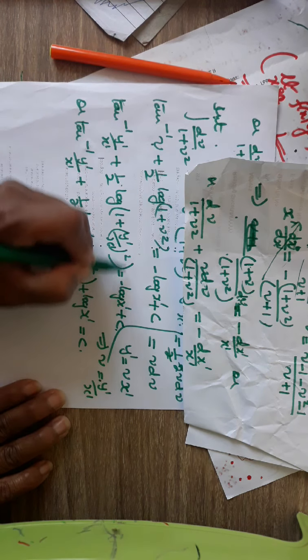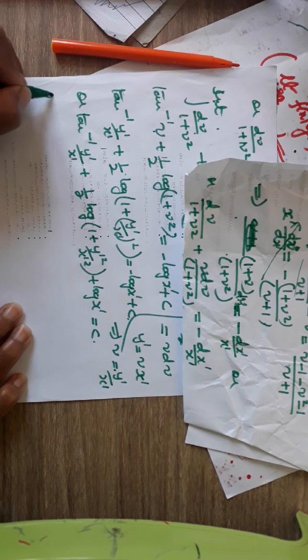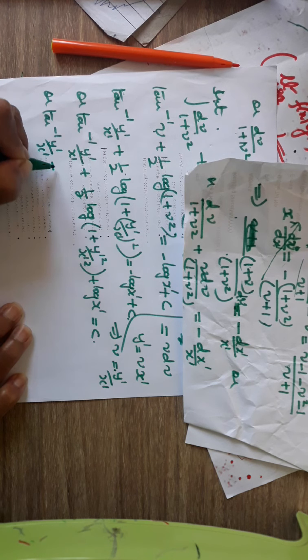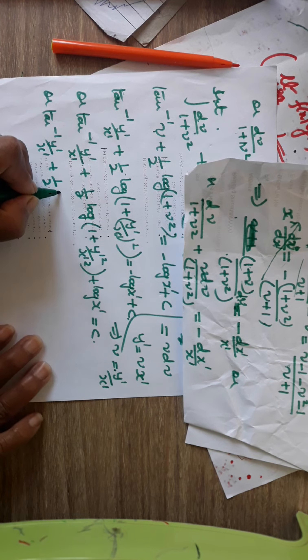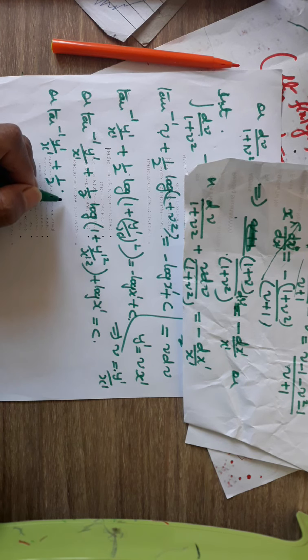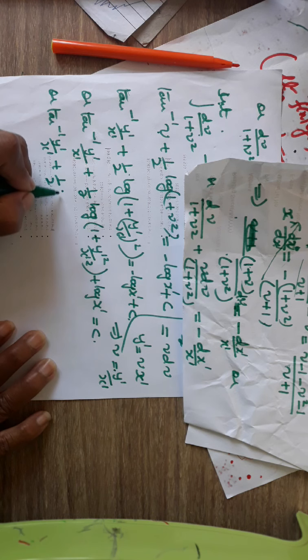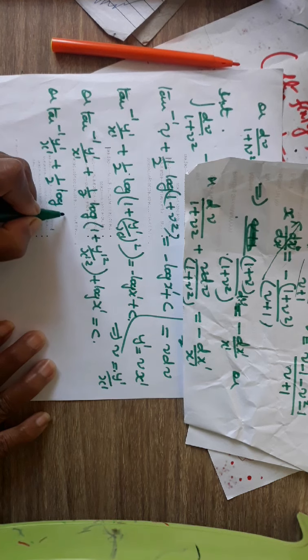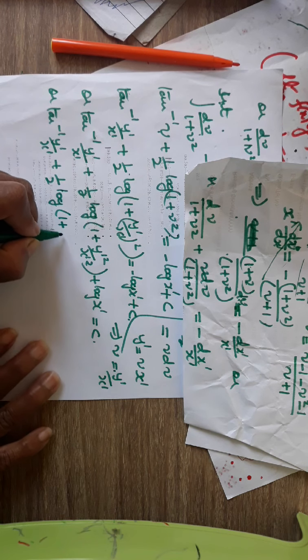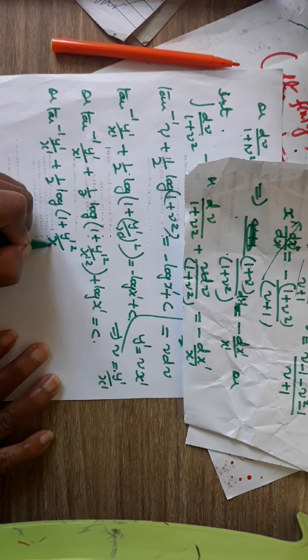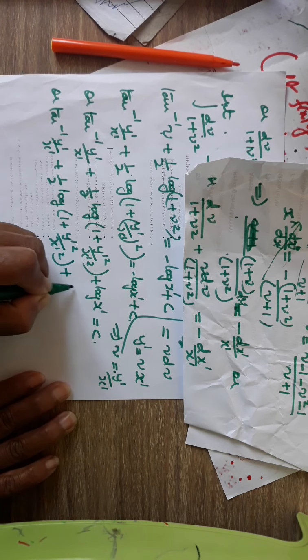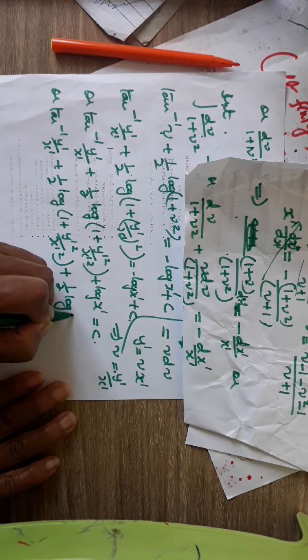Bring this minus log x to the left hand side, and we know that this is tan inverse of y prime by x prime plus half log of 1 plus y prime square by x prime square plus half log of x prime square.